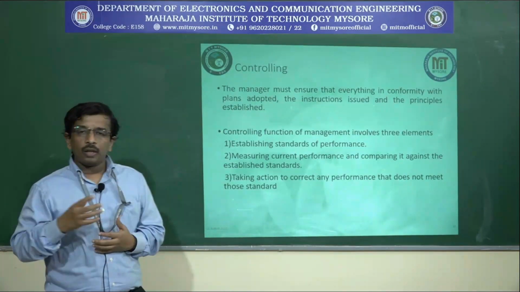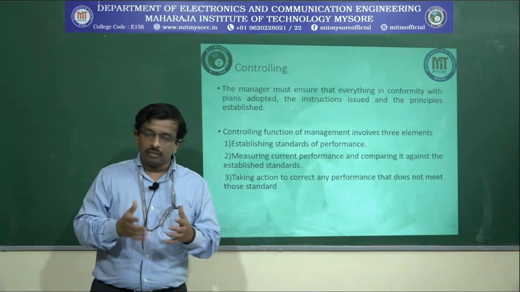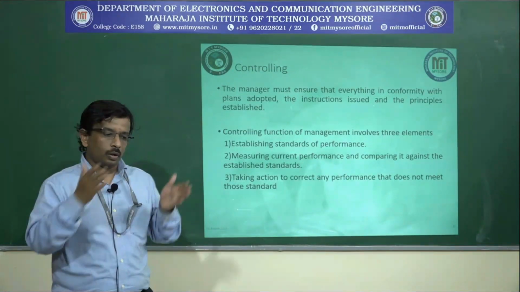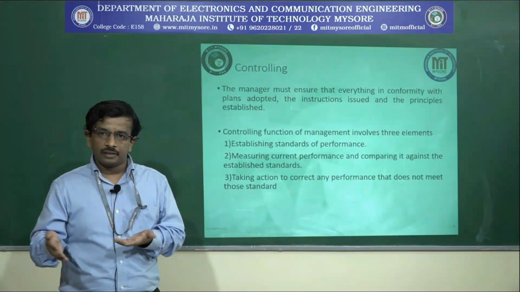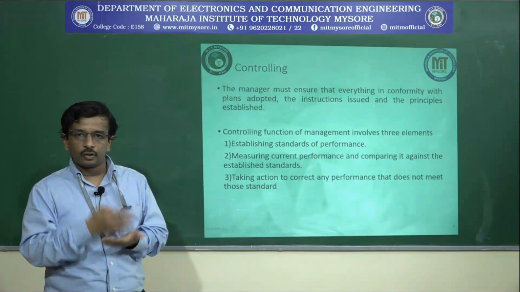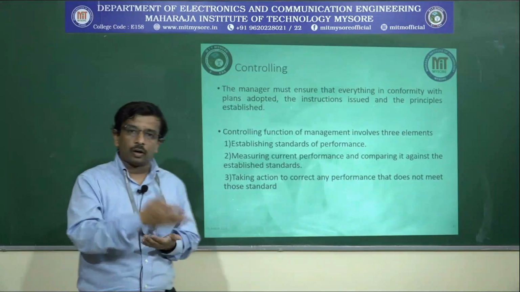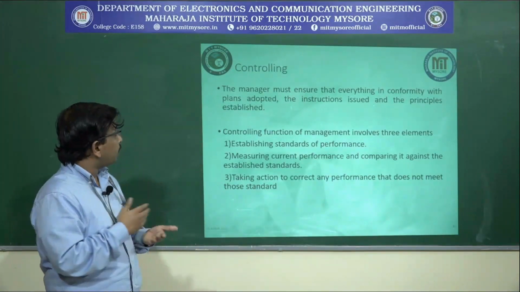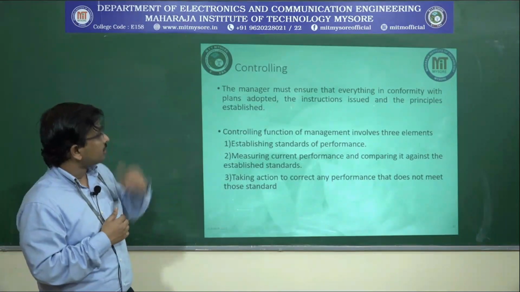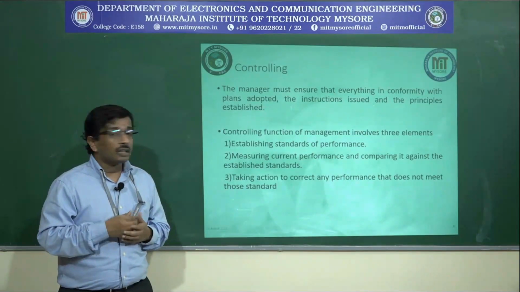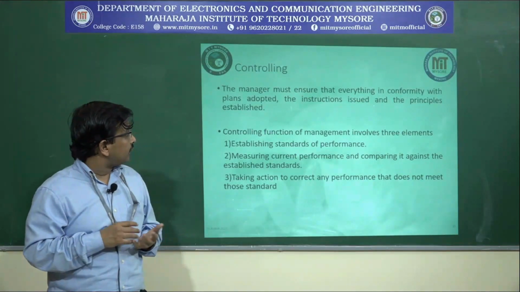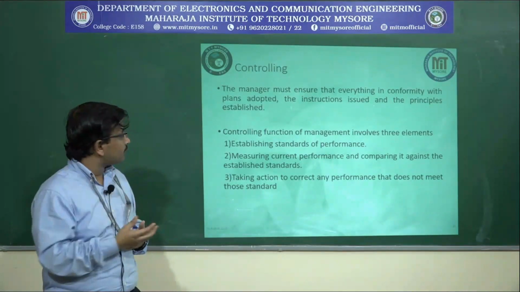So, controlling. Once you have been given a direction, you need to be controlled as well, right? At different places you need to have control factors so that the work being carried out is on the right path. The manager must ensure that everything is in conformity with the plans adopted, the instructions issued and the principles established.